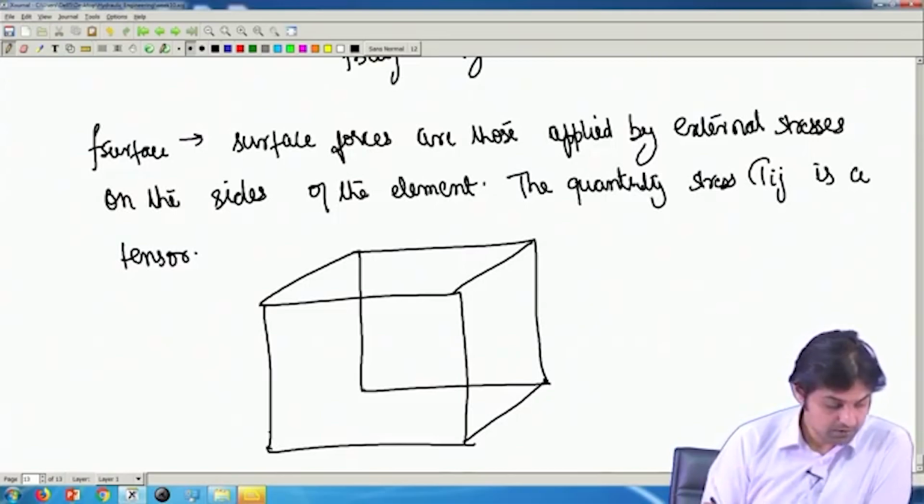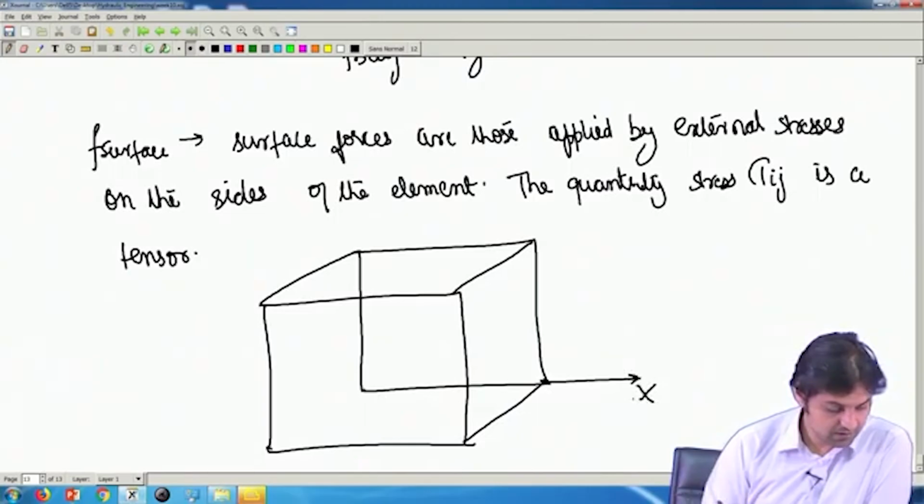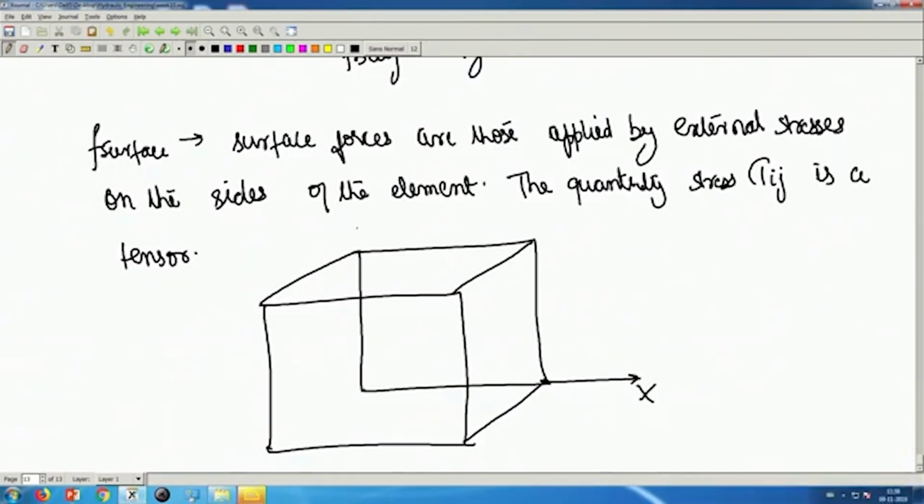We assume this dimension as x, this has been assumed y, and this side is the z axis.